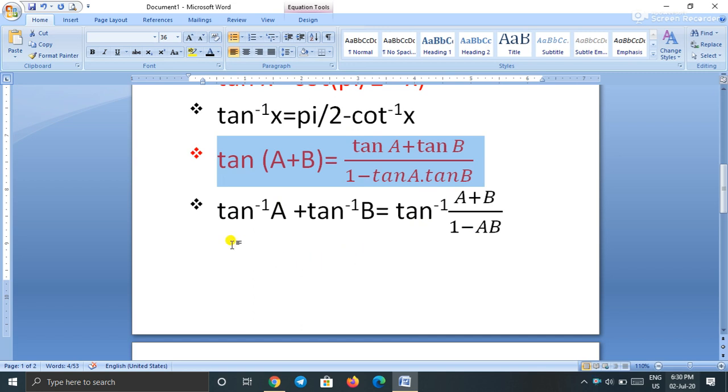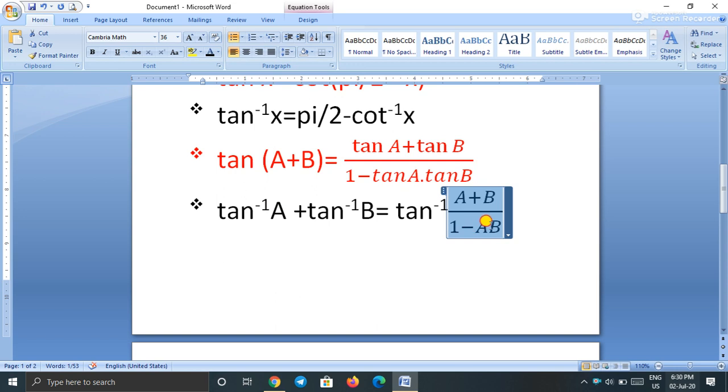Then if we talk about the inverse trigonometric function, this formula applies only in variables. See here, this is tan a plus tan b, here only a plus b. Here 1 minus tan a into tan b, here only 1 minus ab. Similar formula as circular trigonometric function.